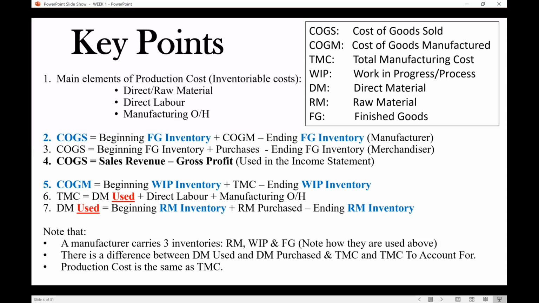And the last point, production cost is the same as total manufacturing cost. Because essentially it's your direct material that you use to make the good, plus your direct labor, plus your manufacturing overheads. And the main elements of production cost are direct raw materials, direct labor, and manufacturing overheads. So this statement, we have proven it to be true.